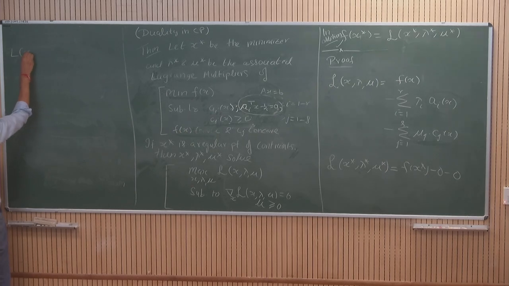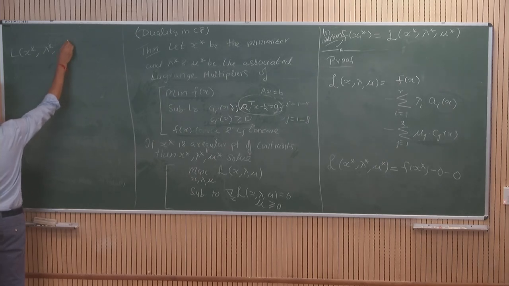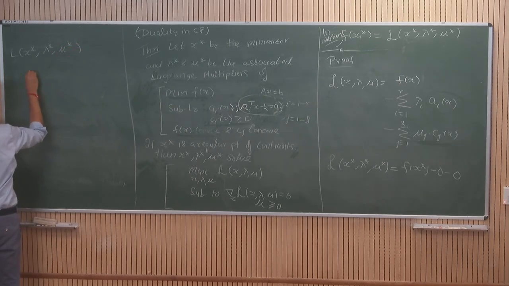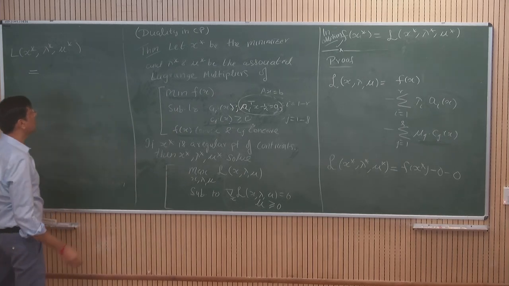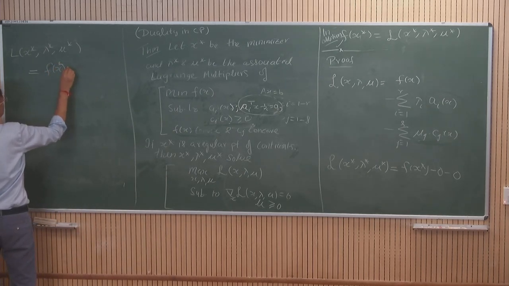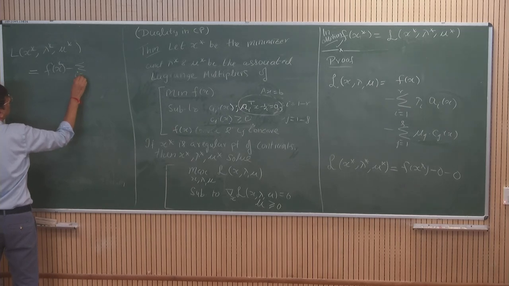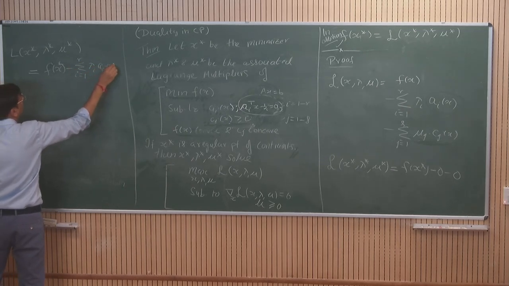Let's write this thing. L(x star, lambda, mu star). So this is equal to f(x star) minus summation i equal to 1 through r lambda_i a_i(x star).